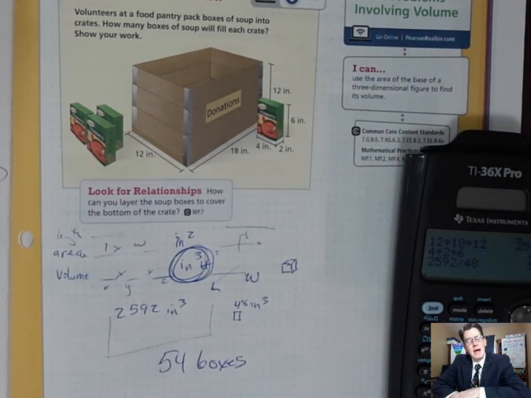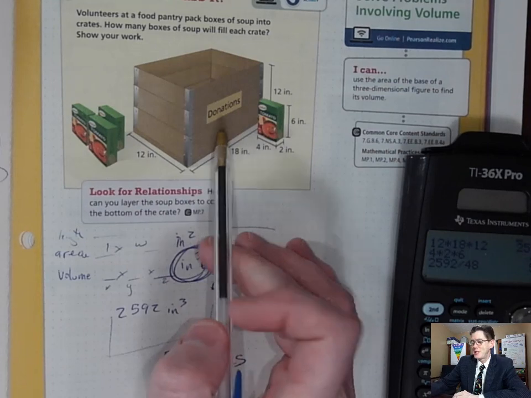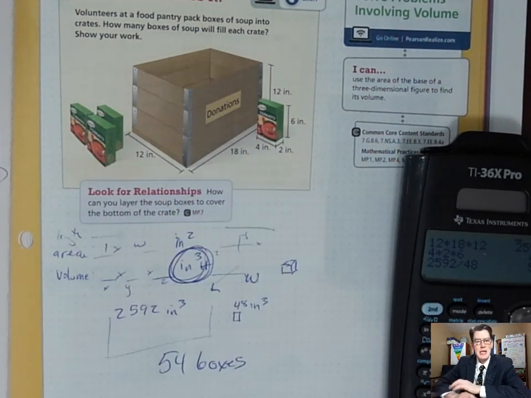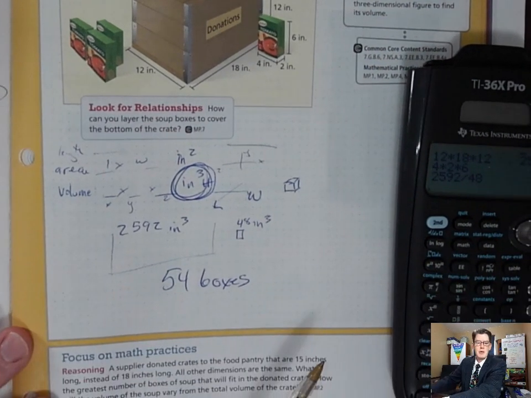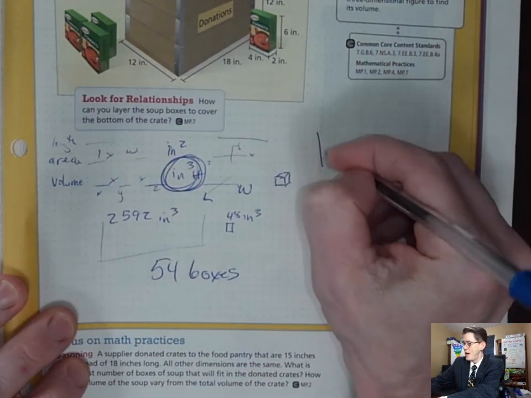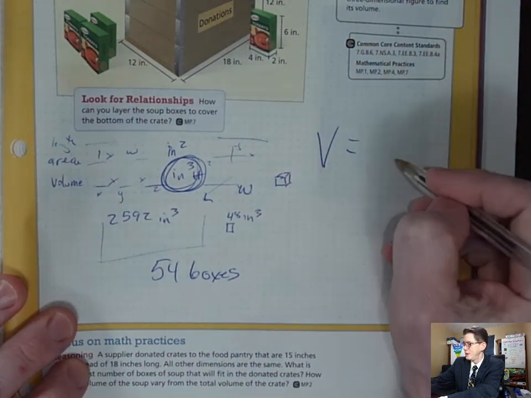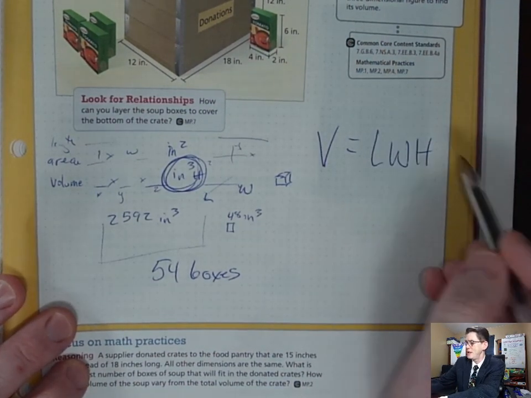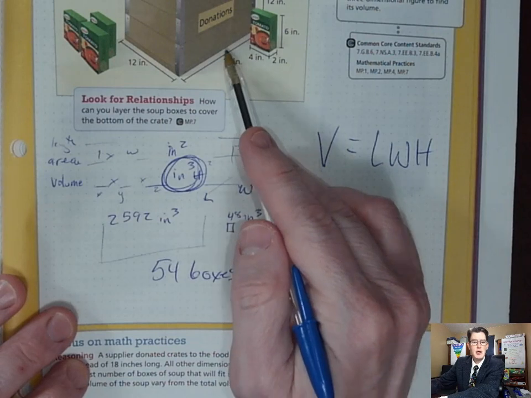Now today, solving for volume, it's not just going to be rectangles. They're going to give us some crazy, wild prisms, shapes, problems, just as long as you understand this concept. Volume is the length times the width times the height in a cube.